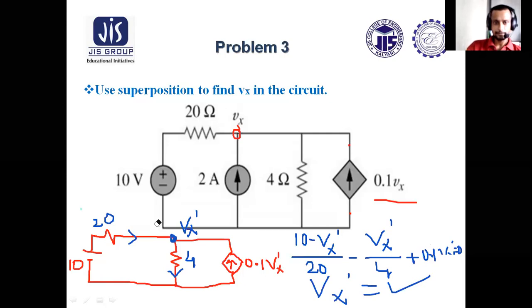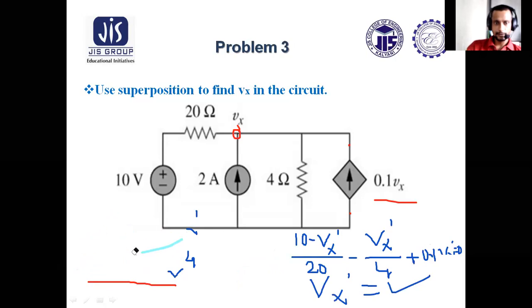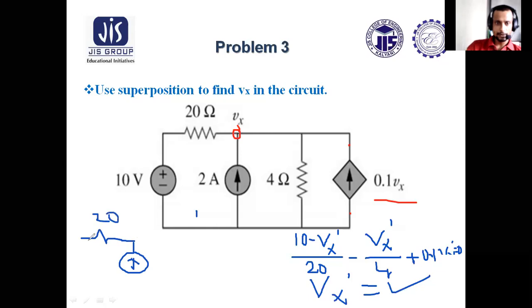Similarly, what shall we do? We'll consider the 2 ampere source alone. This is the 2 ampere source. This is 20 ohm. The 10 volt source will be shorted as we are considering the 2 ampere source now.